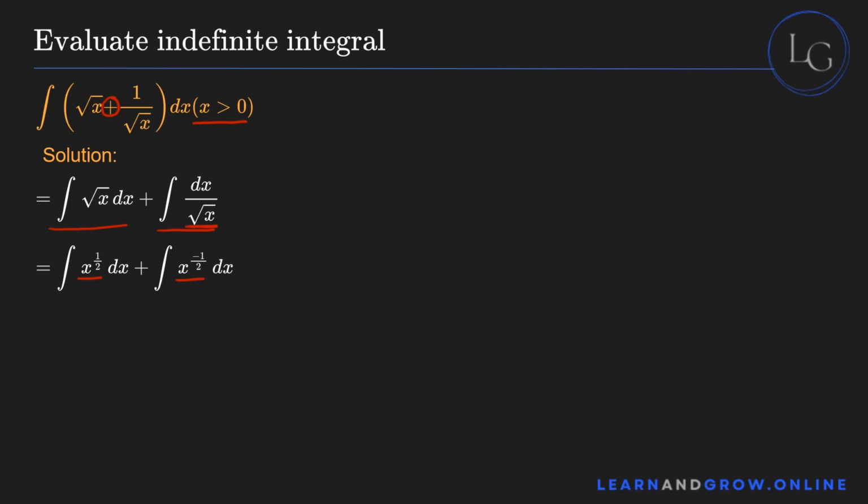And now you'll just apply the same rule that you applied earlier: add 1 to the power and divide by the new power, and that's just what has happened here. And do not forget this c, because if you're given limits of an integral, you can forget this c, but since the limits are not given, you will have to put this c as well. So this is the answer.